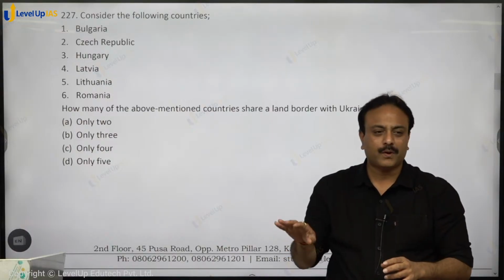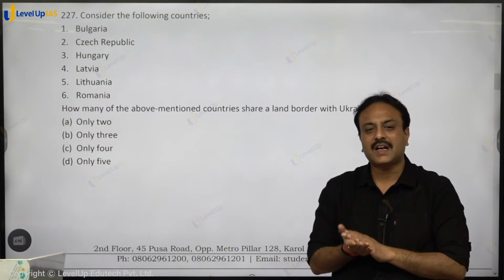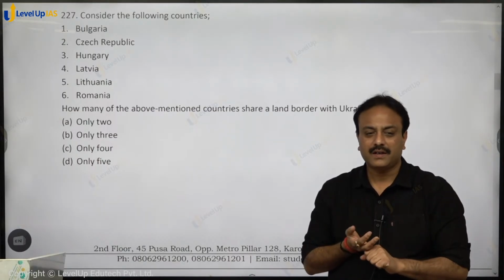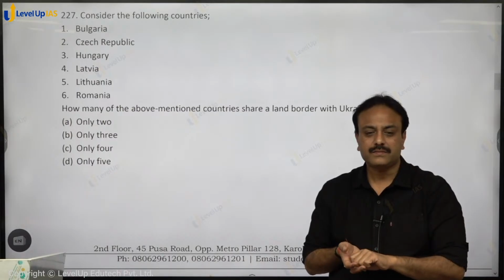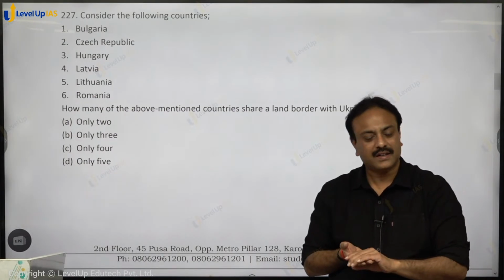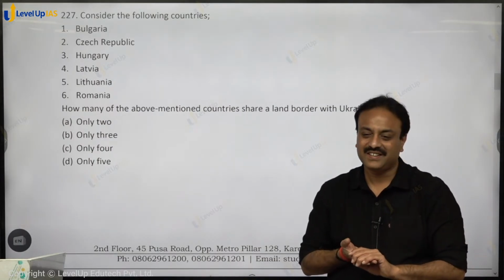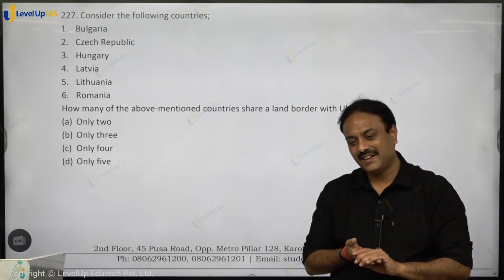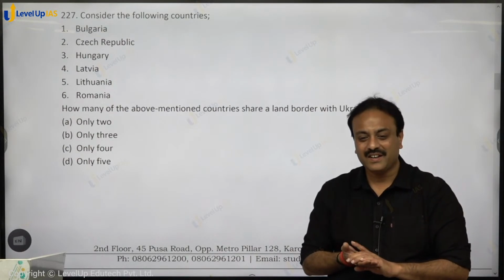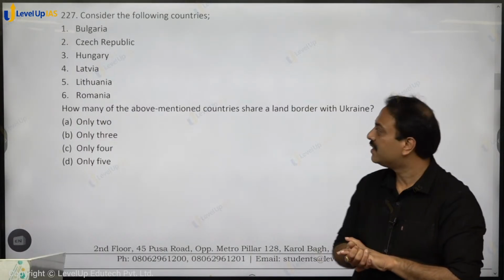If you are moving from north, then start with Belarus, then Poland, then Slovakia, then Hungary, then Romania, Moldova, right? Bulgaria is not having a border.